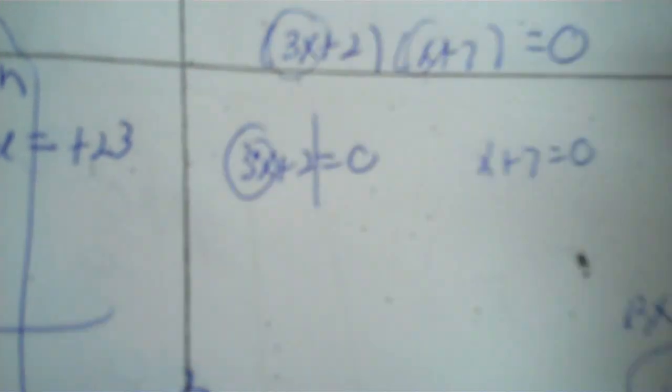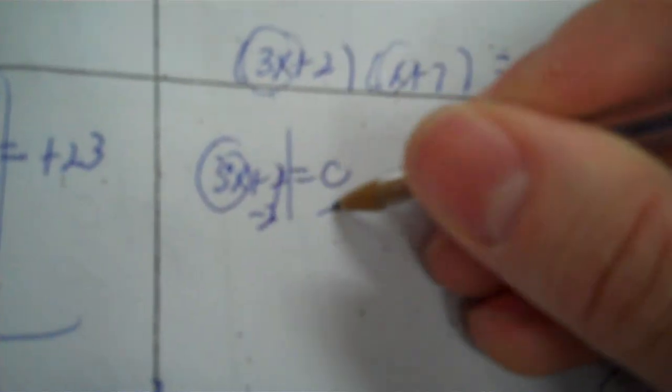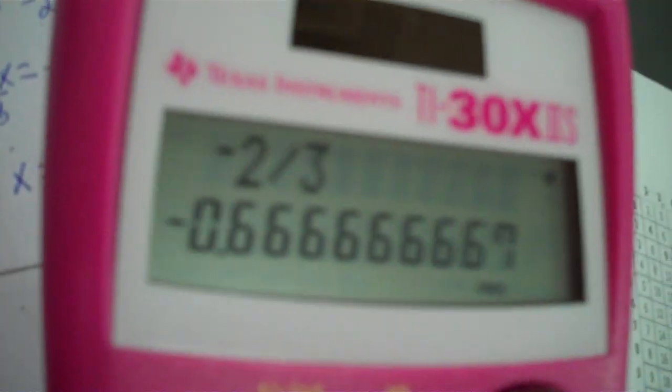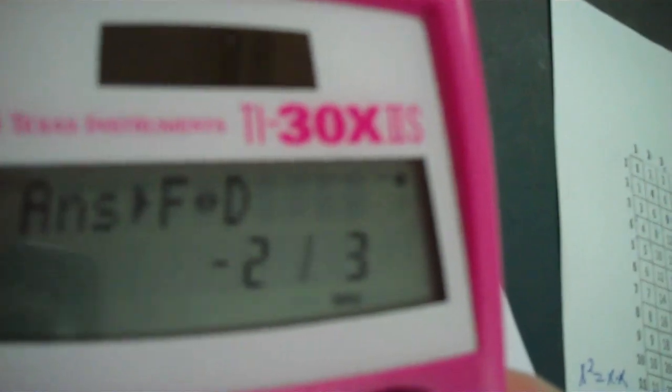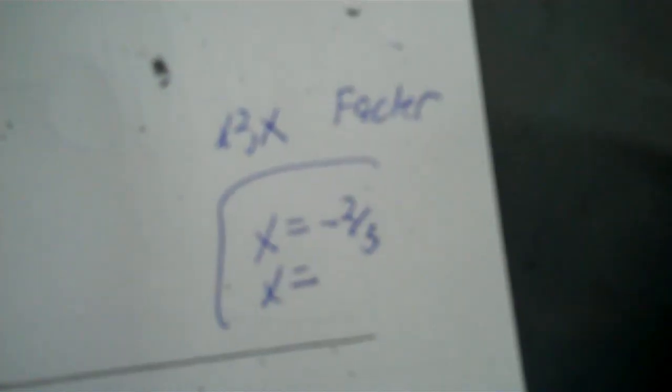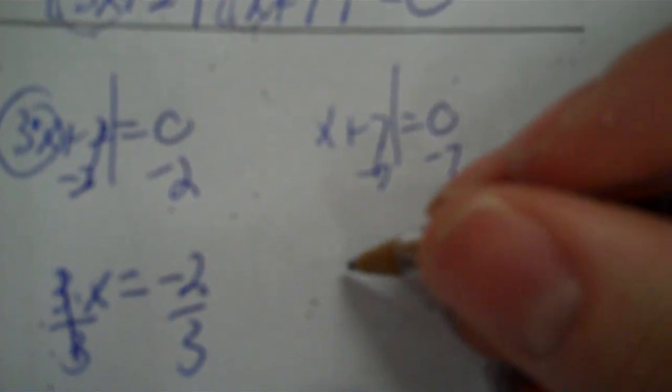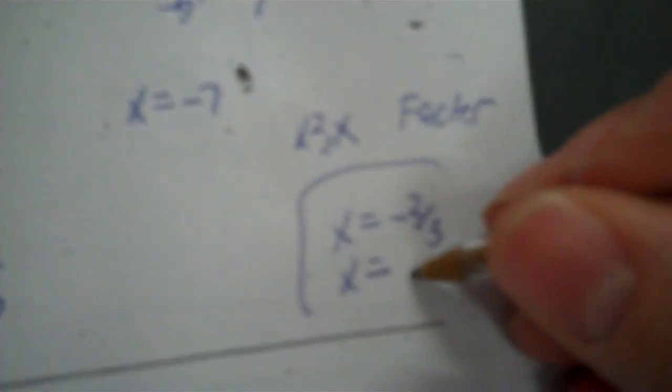So we have times 3 and plus 2, so we need a minus 2. 0 minus 2 is negative 2. And negative 2 divided by 3, don't like that, second PRB it, negative 2/3. So negative 2/3 is the first solution. Then the second one, we subtract a 7 from each side, and x equals negative 7. There's your two answers.